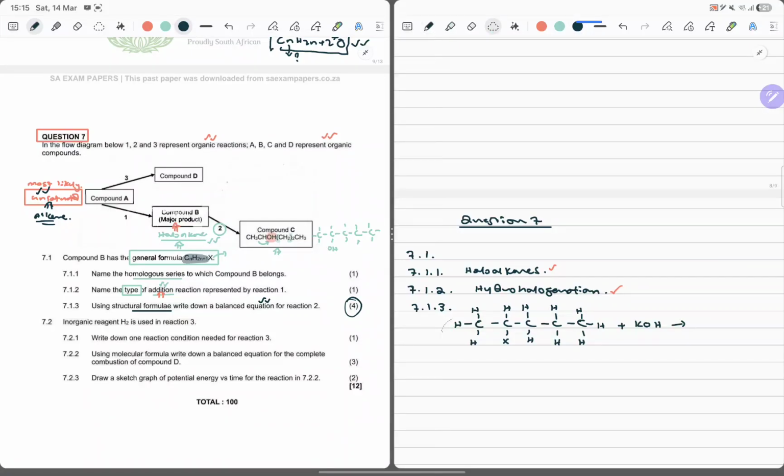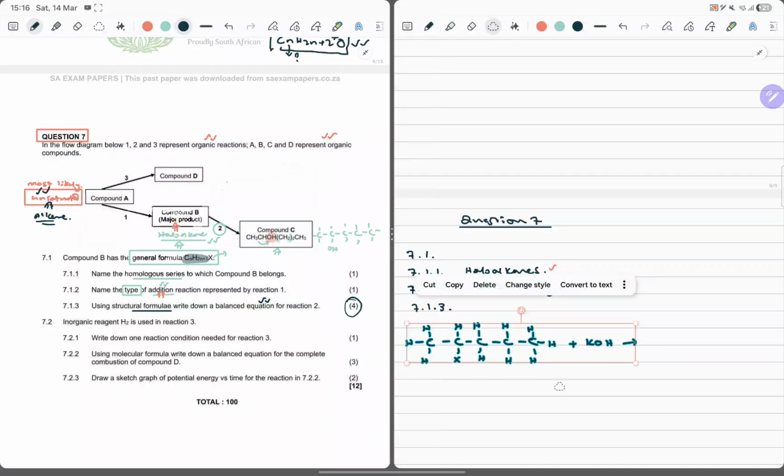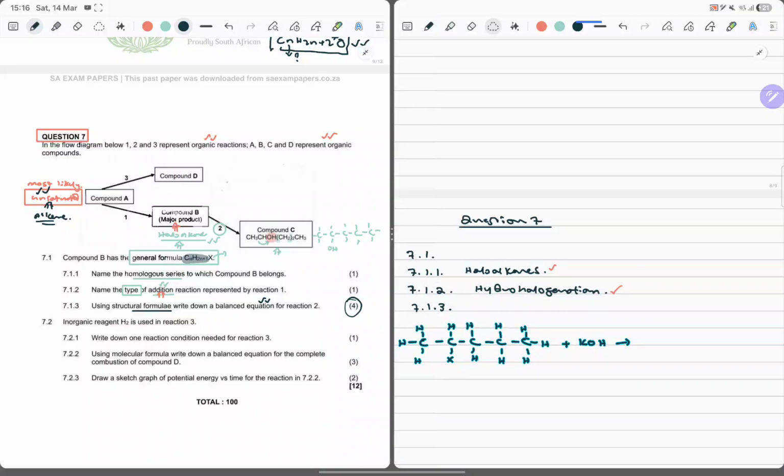Okay, let's write it nicely guys, so that we write everything. Here, let's write it properly. In the end there. So we're gonna have 1, 2, 3, 4, 5.